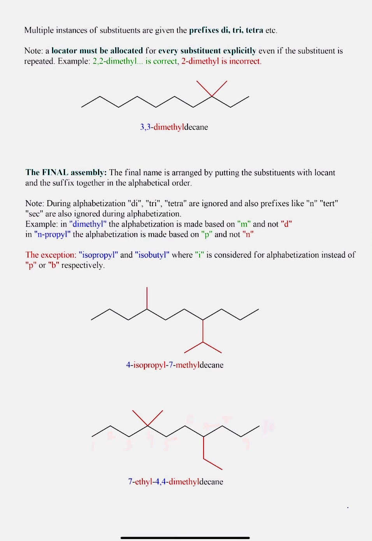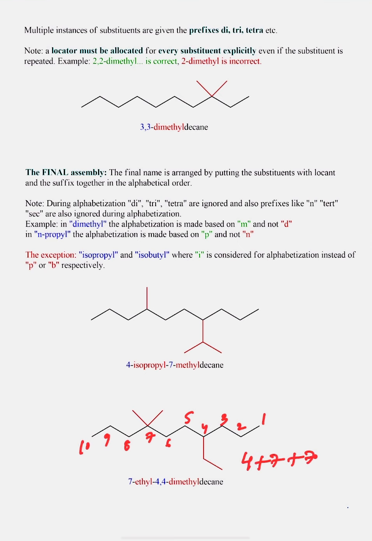But if I number it from here, if you add all the locants, you have 4 plus 7 plus 7 because there are 2 methyl groups there. So here you have 7 plus 7 is 14, 14 plus 4 is 18. So here the lowest sum rule decides from which side you need to number.